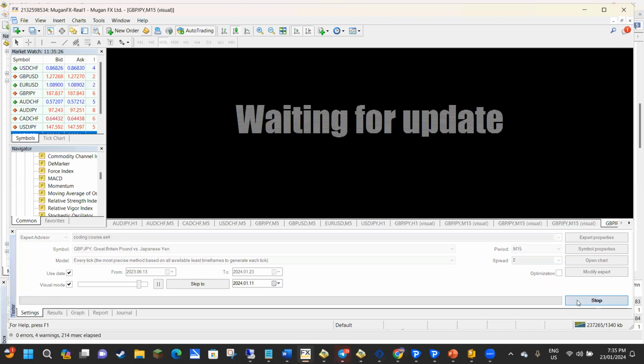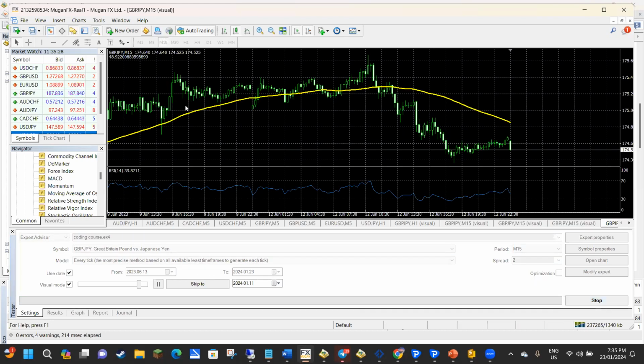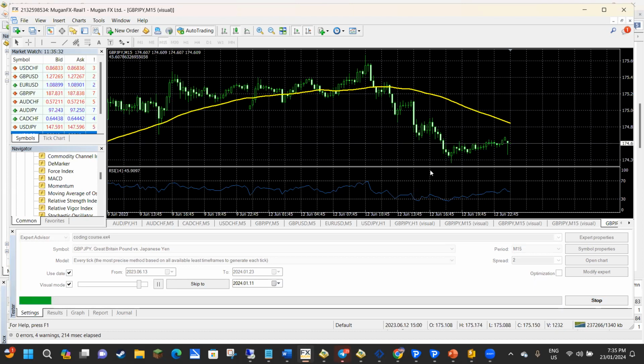And now when you run it, it's showing us the current RSI value. And so we can see that it's sort of in the middle between 70 and 30. So that should be pretty accurate.